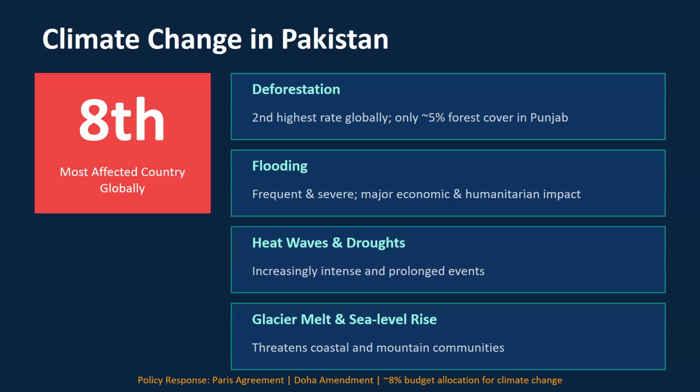Flooding is the second cause. Frequent and severe flooding can cause major economic and humanitarian impact. Then heat waves and droughts, increasingly intense and prolonged events. And the fourth thing is glacier melt and sea level rise. It threatens the coastal and mountain communities.